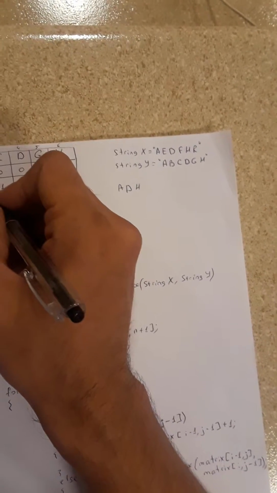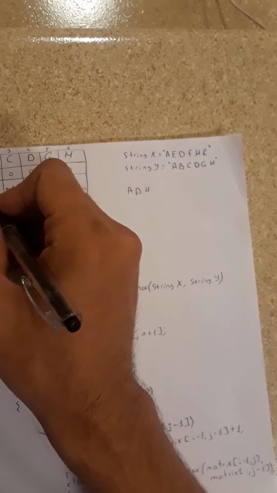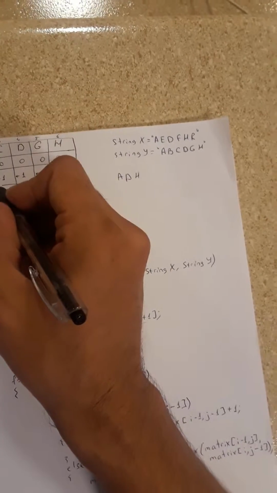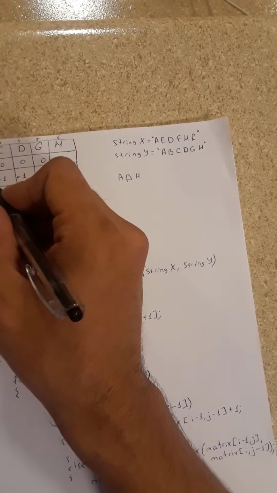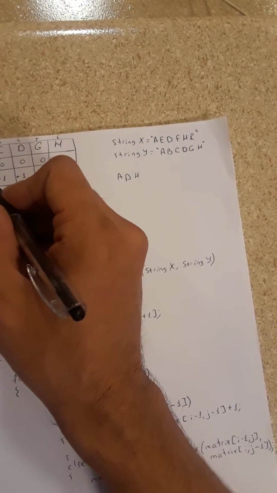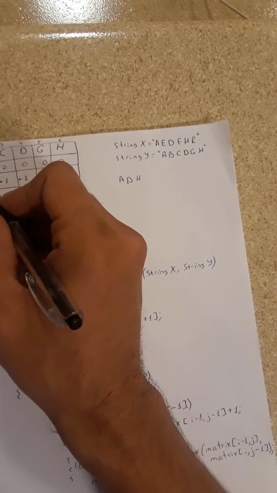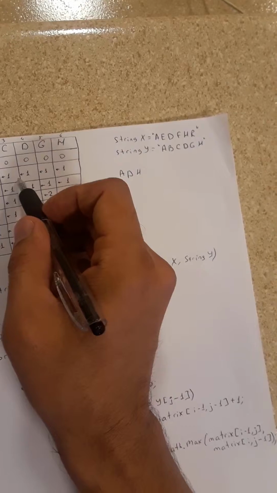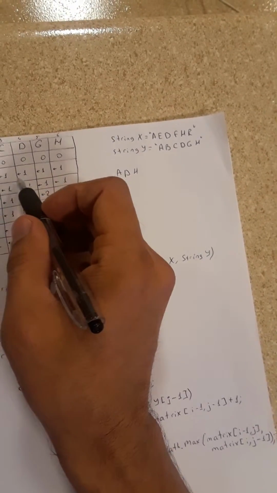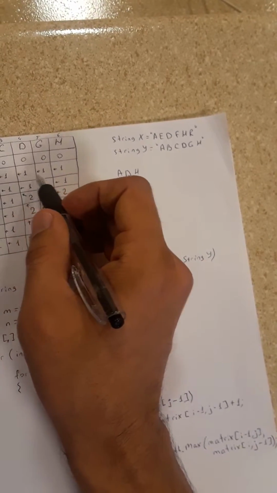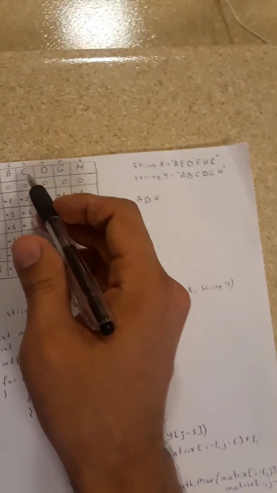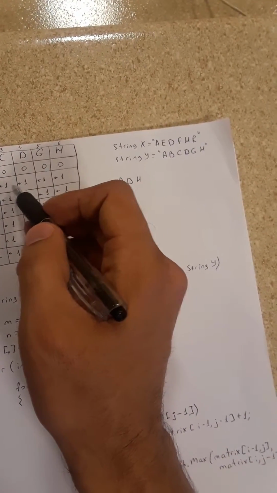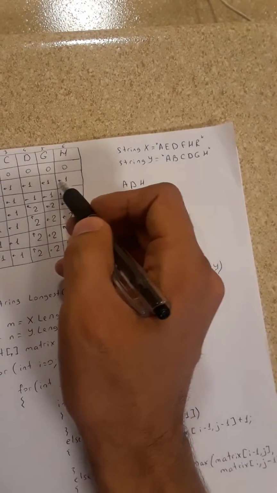In our case, the maximum number is on the left side, so we fill our position with the maximum number from the left. The rest of the positions we also fill with 1, because the letters from the two strings are not equal. Each time we take the maximum number from the left.